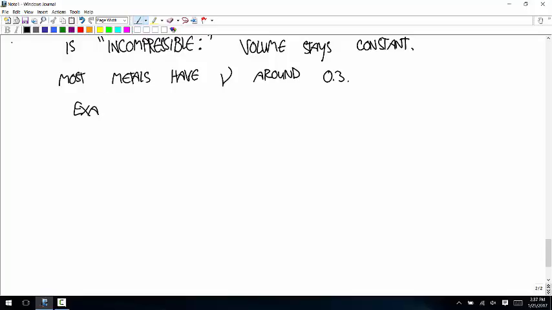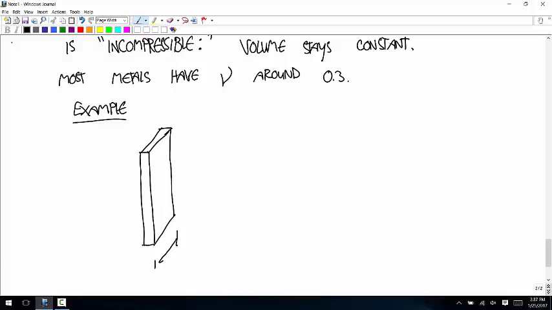Let me do a quick example. So let's say that we have a rectangular solid. Before the tensile test happens, before deformation, this length is 2 centimeters. This length is 1 centimeter.